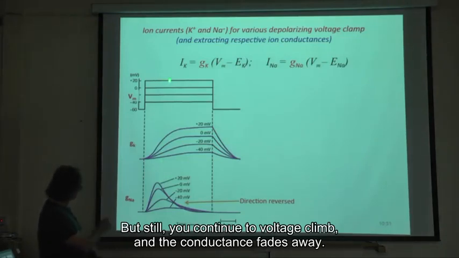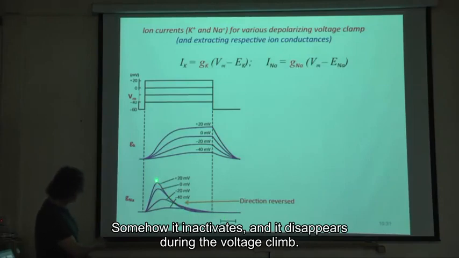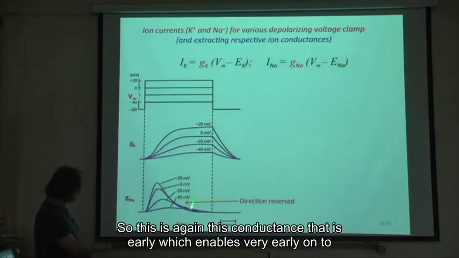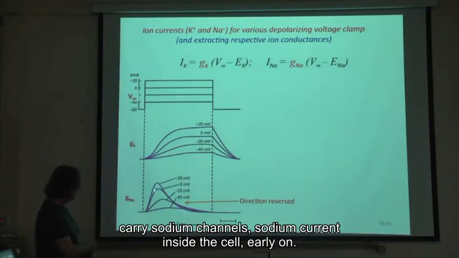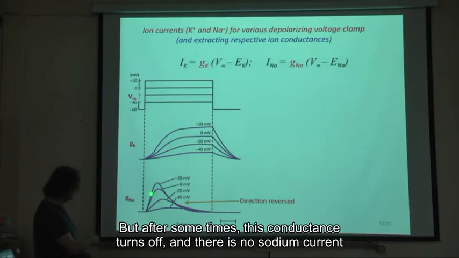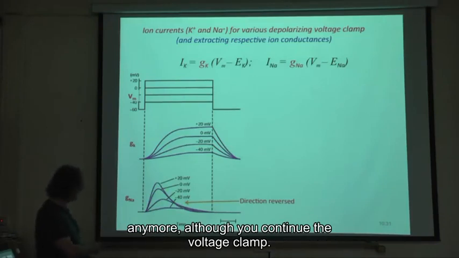But still, you continue to voltage clamp and the conductance fades away. Somehow it inactivates and it disappears during the voltage clamp. So this is a conductance that is early, which enables sodium current to be carried inside the cell early on, but after some time this conductance turns off and there is no sodium current anymore, although you continue to voltage clamp.